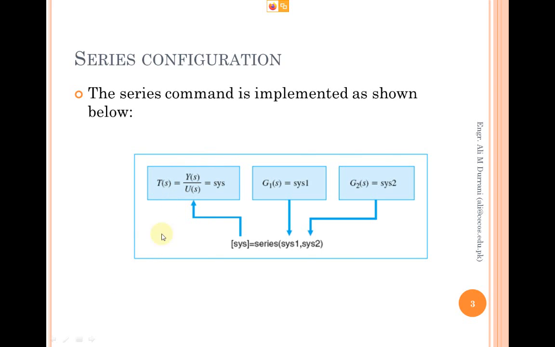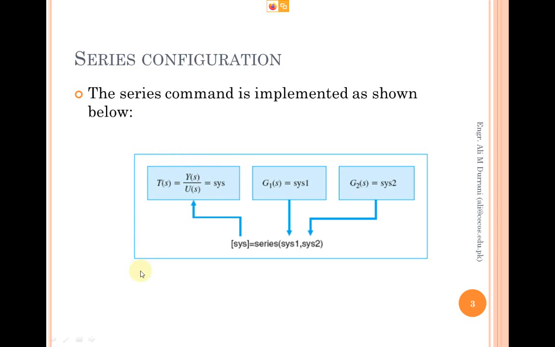Now what we need to do here is implement this series configuration and the parallel configuration and so on using MATLAB.